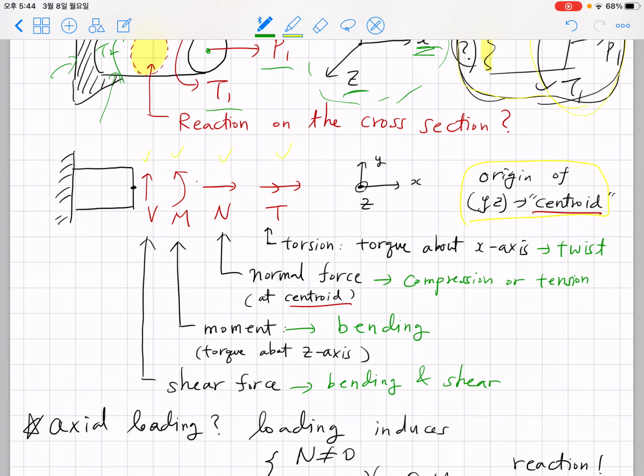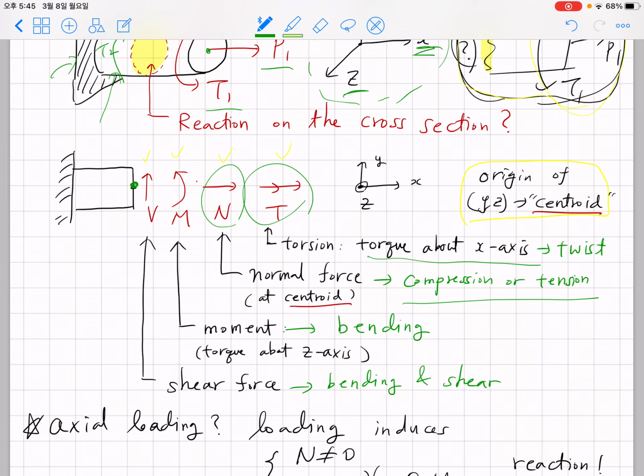First, we can think about torsion acting on this cross section. This torsion can be understood as a torque about the x-axis. Now we have an N normal force acting on the centroid point, so it'll be either compression or tension.